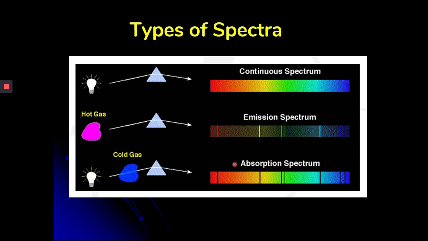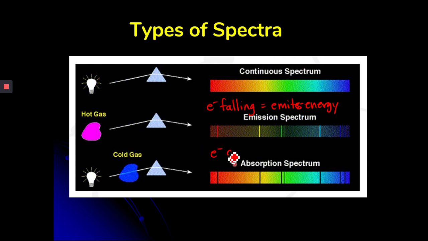Now the 3 types of spectrum that you had in your vocabulary are continuous, where you see all the colors; emission spectrum, which only shows the colors being emitted, so the electron is falling and emitting that energy; and absorption spectrum, which absorbs the amount of energy as the electron is going up in energy level.